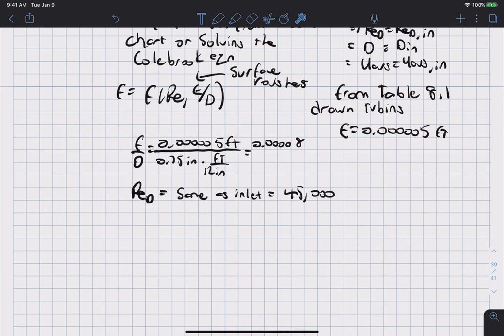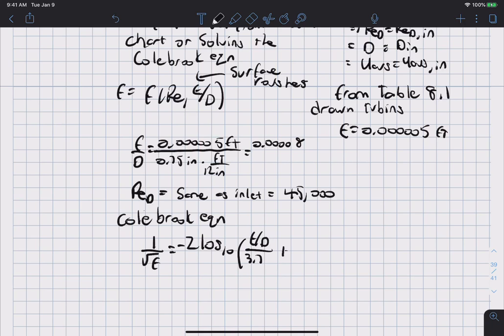So the Colebrook equation states that 1 over square root of f equals minus 2 log base 10 of the relative roughness divided by 3.7, plus 2.51 over the Reynolds number based on diameter times square root of f.